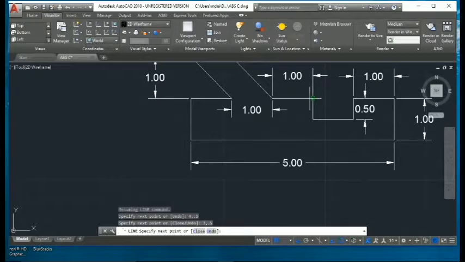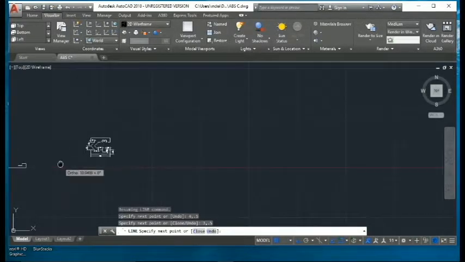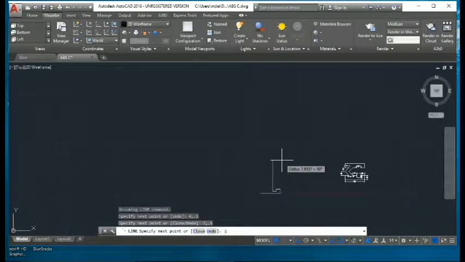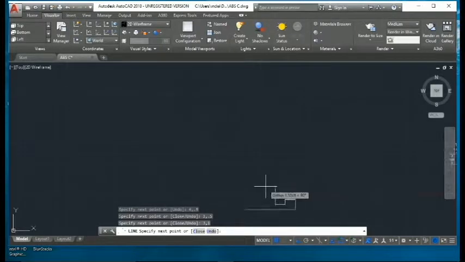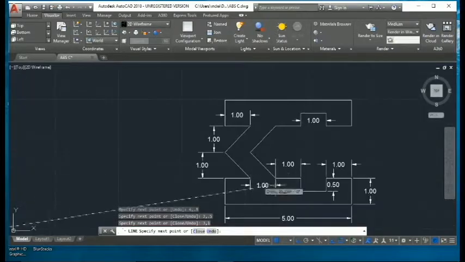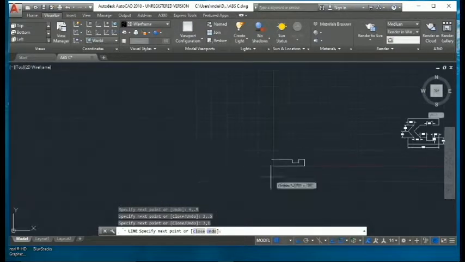The next coordinate value will be 3, 1. The next point will be x coordinate 2 and y coordinate 1. 2, 1, enter.